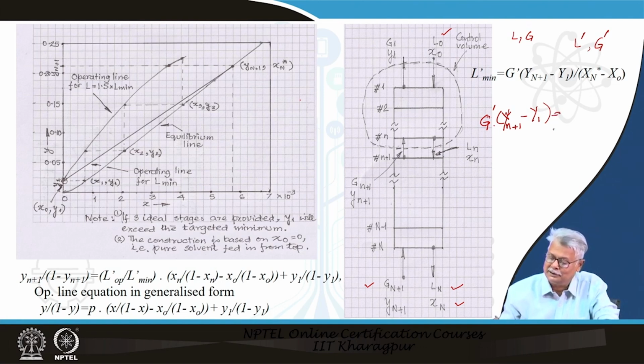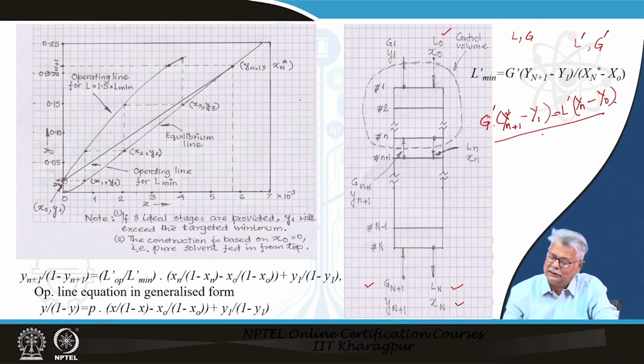And where does it go? It goes to L dash, which is the liquid which falls, and it gets enriched up to Xn, and the enrichment starts from the composition of X0. So this is the balance.